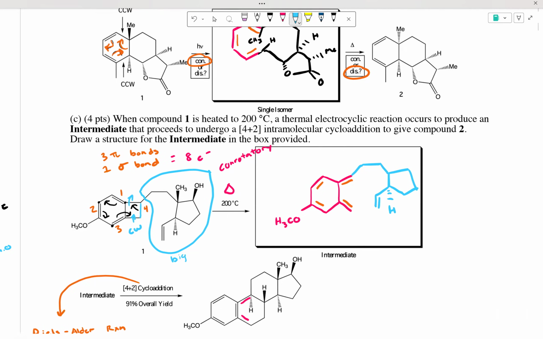Actually, I don't think I can make that description, because if we think about it, this is an sp2 carbon, and sp2 characteristic is drawn like trigonal planar.